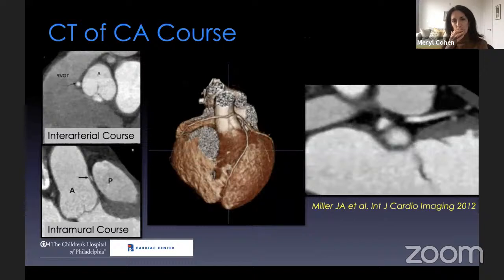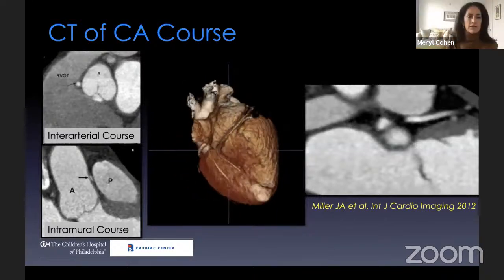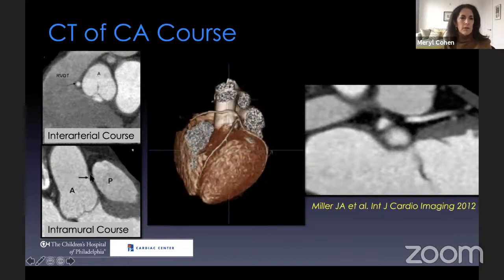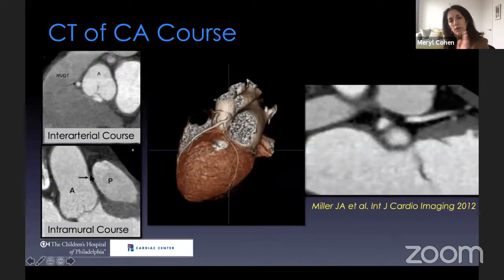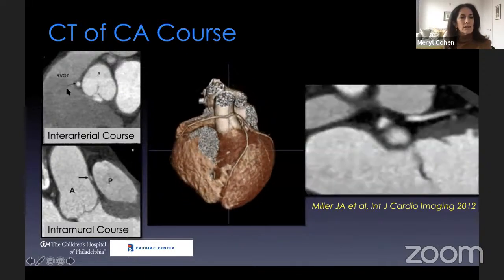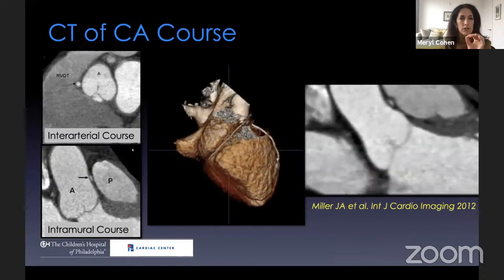And so how do we tell if it's intramural versus interarterial? Well, by CT scan, for example, when you can look at the entire course of the coronary artery, and if you see that it remains a circle through the entire course, we're suspicious that that means it's interarterial.